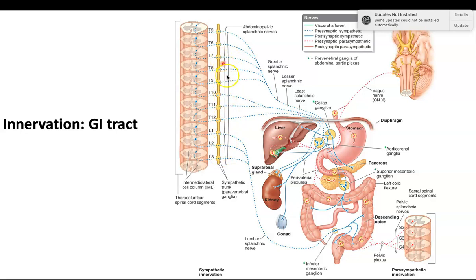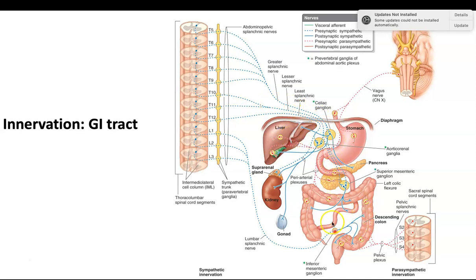These are nerve fibers coming from the lateral horn of the spinal cord. You may have seen the greater thoracic splanchnic, lesser thoracic splanchnic, and least splanchnic nerves. At least you must have seen the greater thoracic splanchnic nerve in the lab. These nerves enter the abdomen, and then they distribute to the viscera.